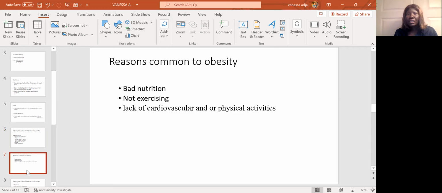Some of the common reasons why people fall into that category is bad nutrition. Individuals are not choosing healthy meals, or going to the grocery store to get vegetables and fruits.